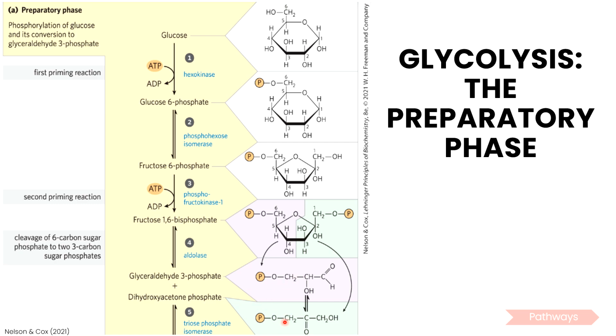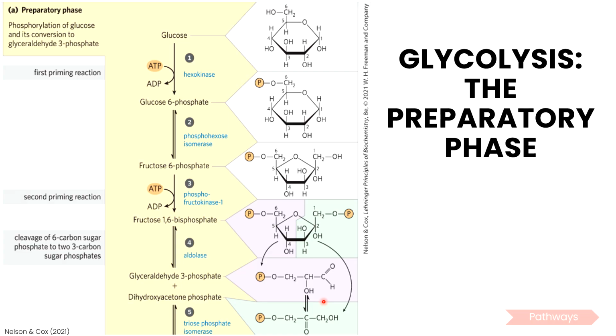But there's a problem. Only 1 GAP continues directly into the next phase of glycolysis. So this is a reverse arrow. Triose phosphate isomerase converts DHAP into another molecule of GAP.